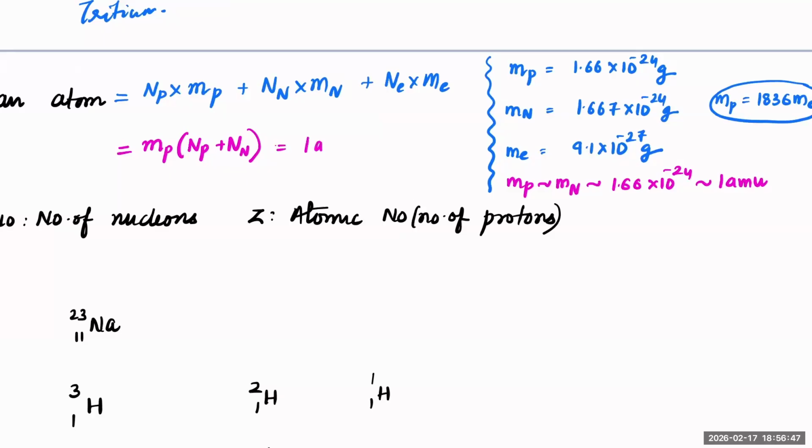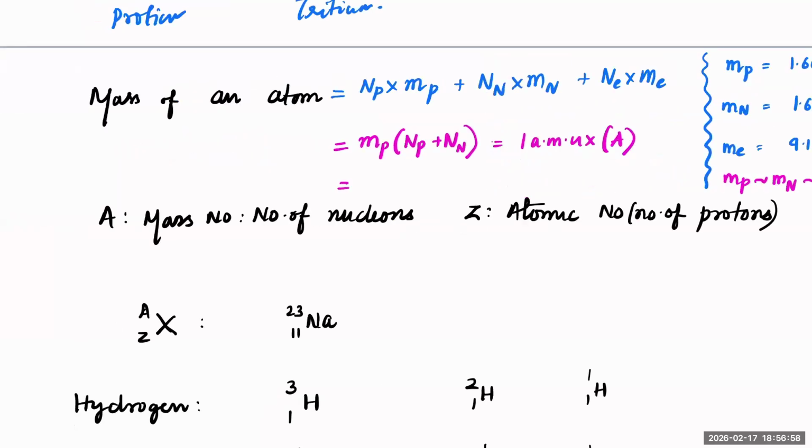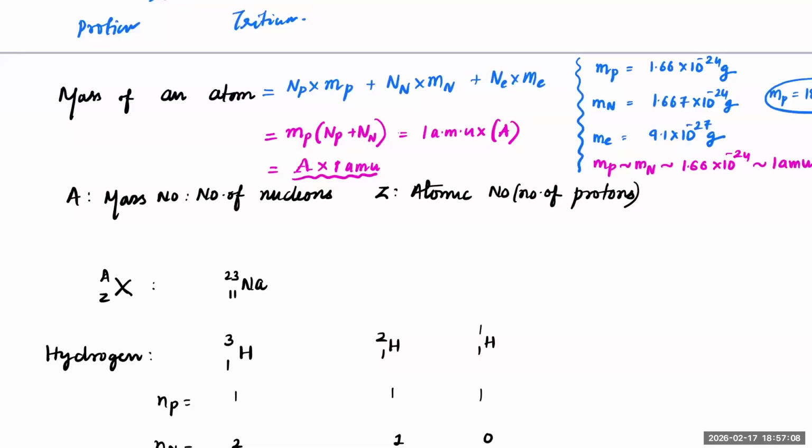So 1 AMU multiplied by number of protons plus number of neutrons, that is nothing but mass number. Hence, mass of an element is always simply its mass number multiplied by 1 AMU. Clear now what the mass of an atom means? So mass of an atom implies that it is mass number multiplied by 1 AMU. That will give you the actual mass of an atom.